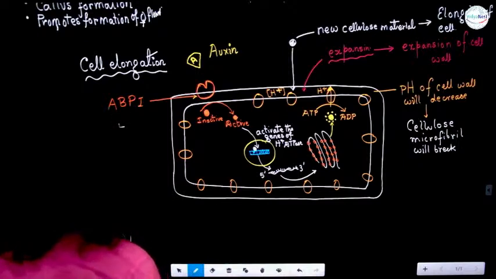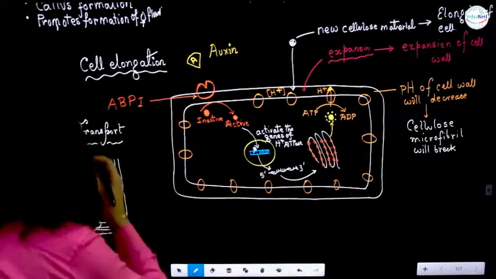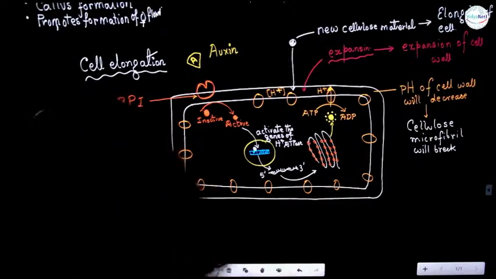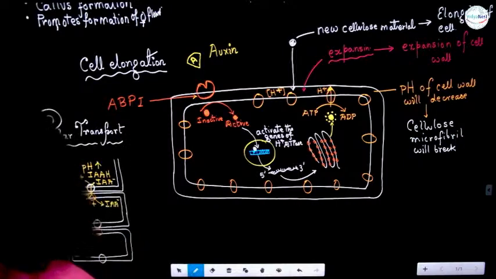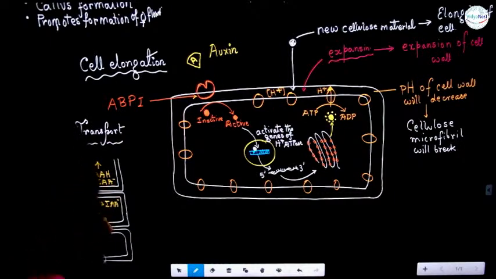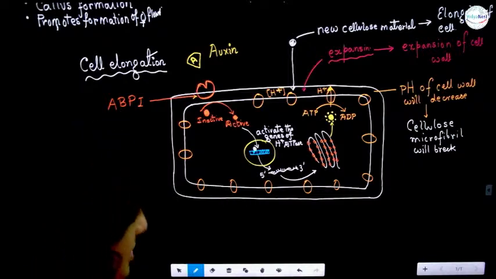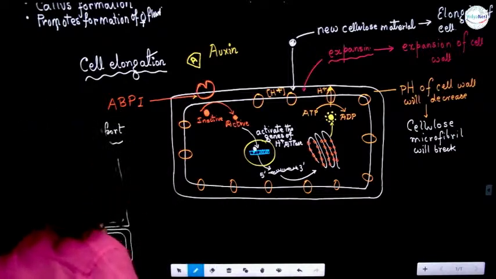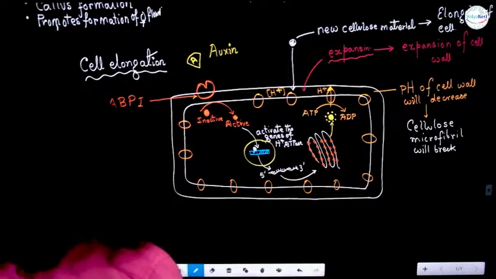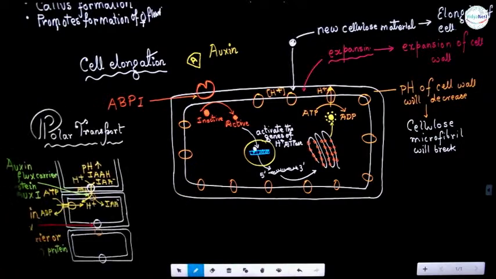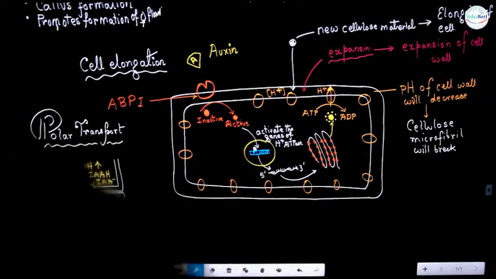So in this way, this particular protein, which is known as the auxin efflux protein, is resulting in efflux of this auxin. ये जो auxin है ना, IAA वाला, it is being thrown outside. It is being made to come out from the cell. जैसे जैसे सेल से वो निकल के आएगा, it will enter into the next cell, IAA minus or H plus ion. It will also come along with it.